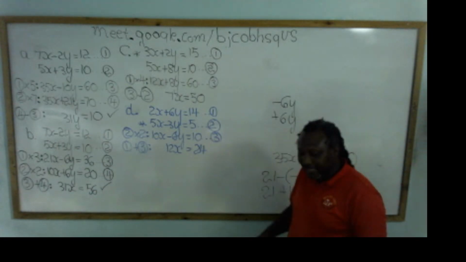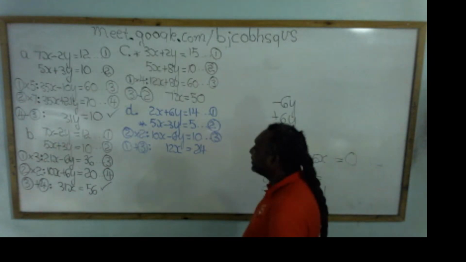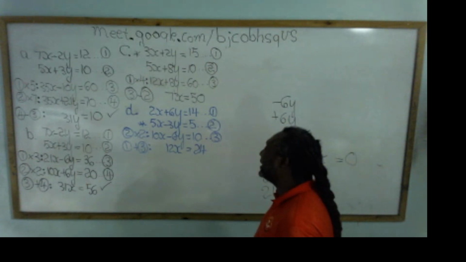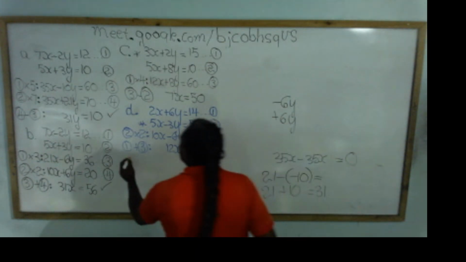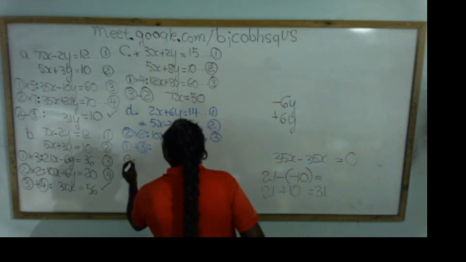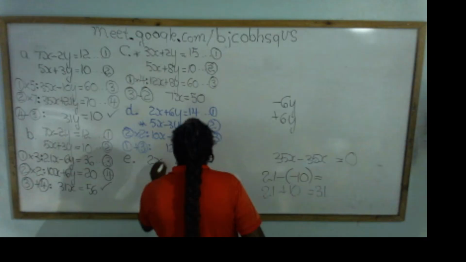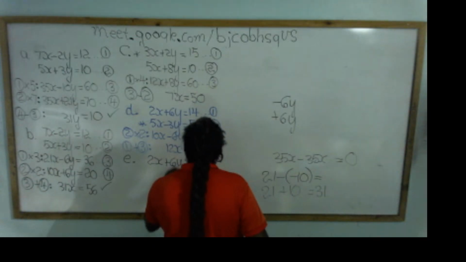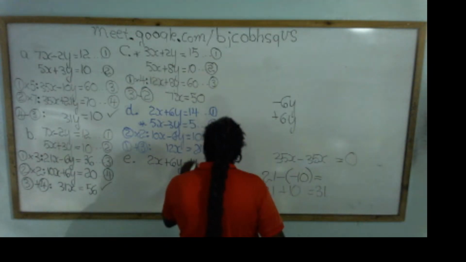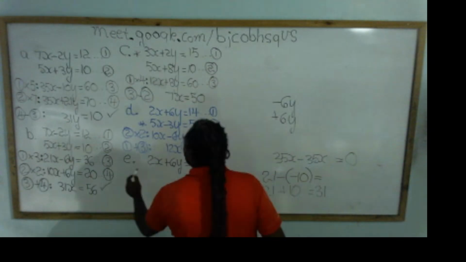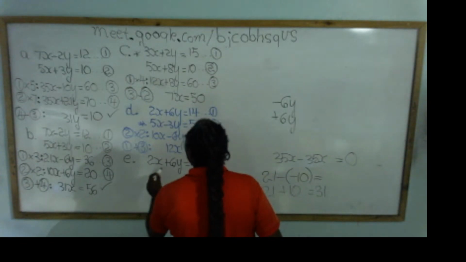Let us take the same system and put it to E and say 2x plus 6y is equal to 14. And that is equation 1. And then equation 2 will be what?